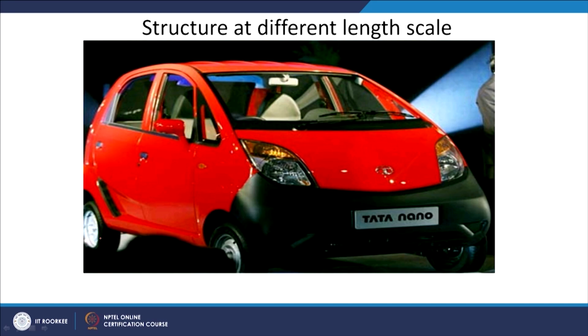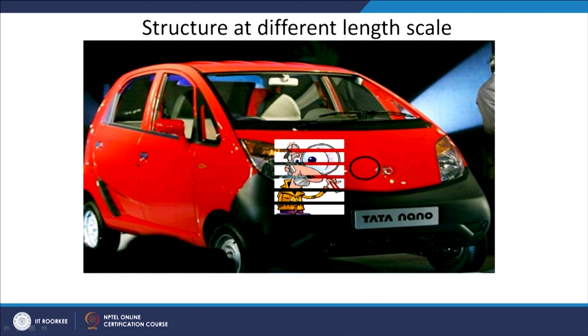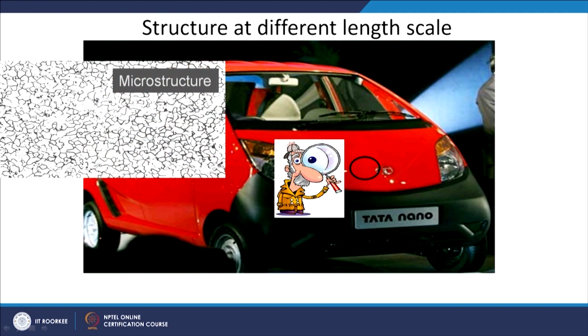For example, the bonnet is some steel sheet, some glass material is there, and some plastics are there on the bumper. Suppose I want to see what is inside the material on the bonnet. Suppose I magnify that, going into it. What I will see is a microstructure.